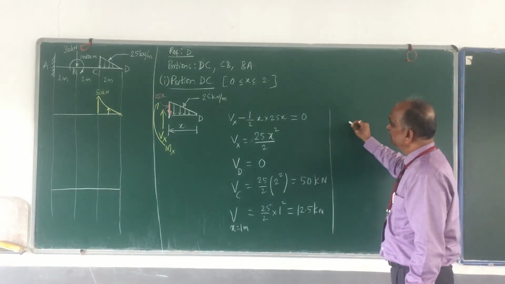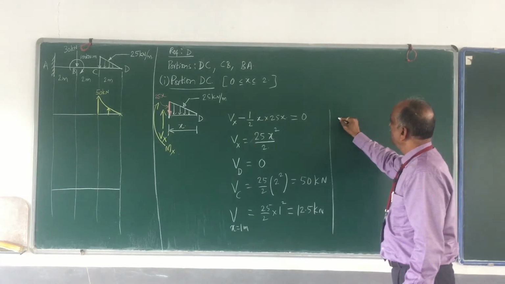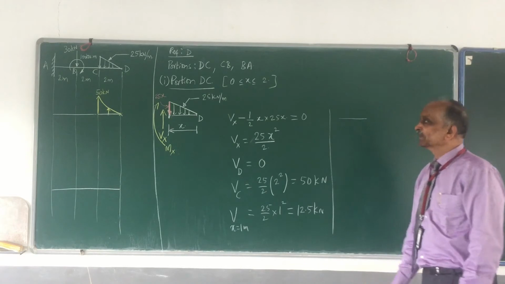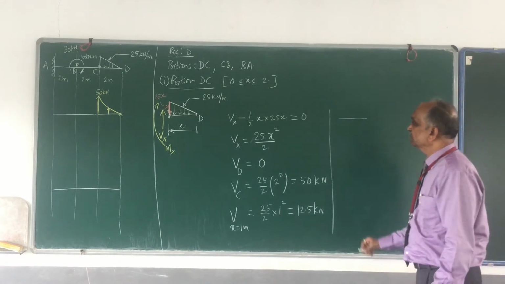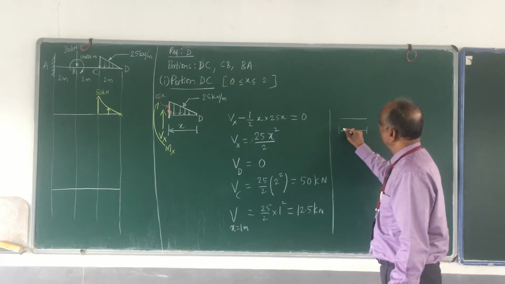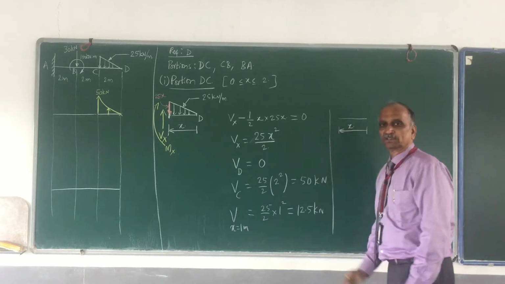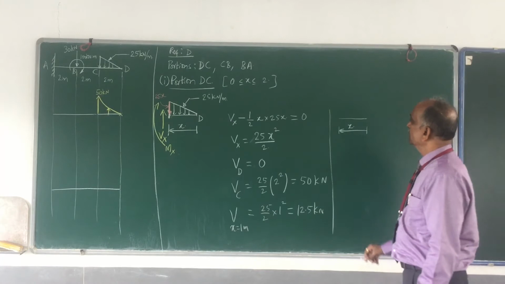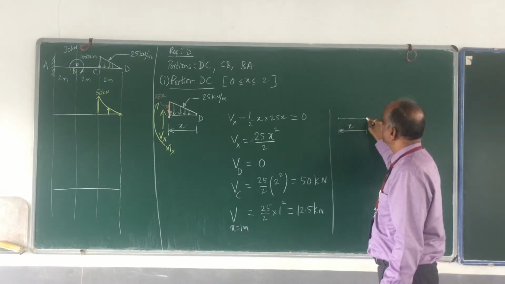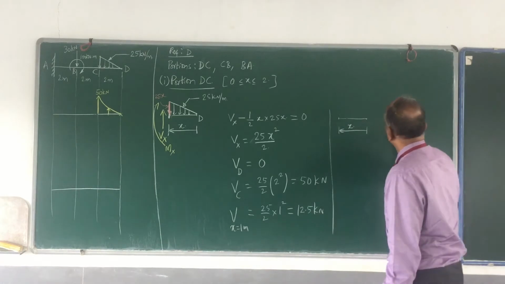Now let me start with bending moment. For the bending moment diagram, I shall draw one more diagram, replacing this UVL with a point load. It's only for that purpose, please remember. So this is x. Now what is the load?